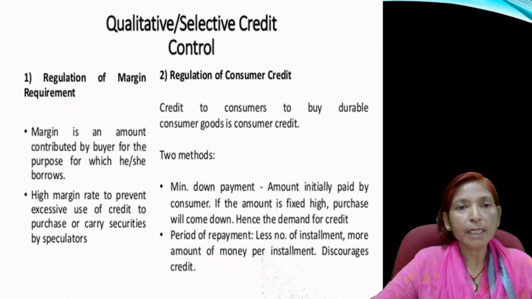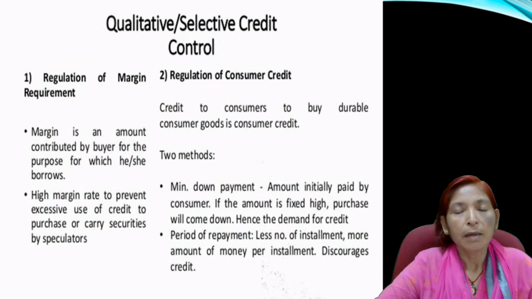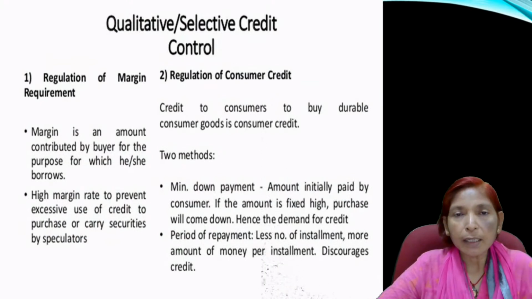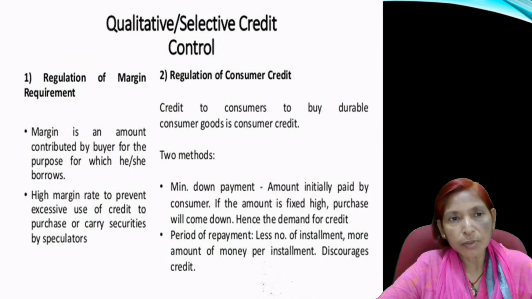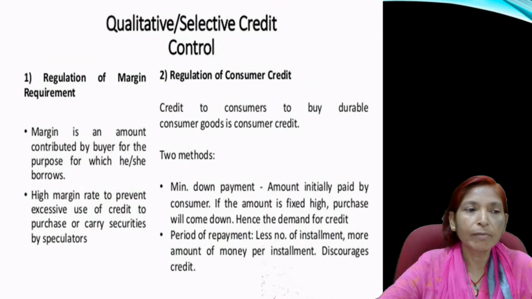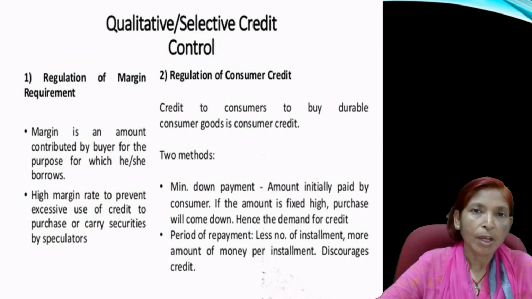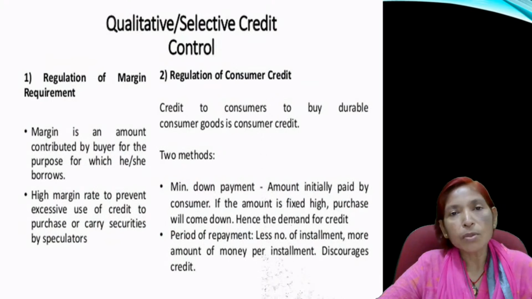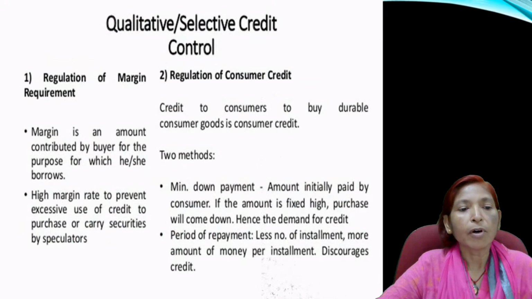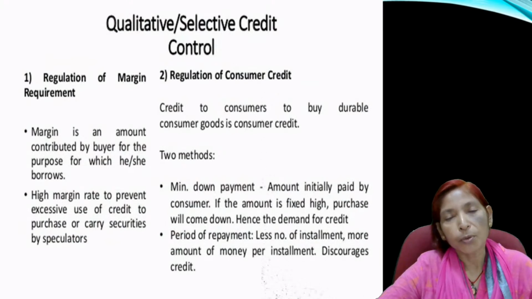In this we know that there are four methods from which RBI can control credit creation process. One is regulation of margin requirement. Margin requirement is the amount contributed by the buyer for the purpose for which he or she borrows.